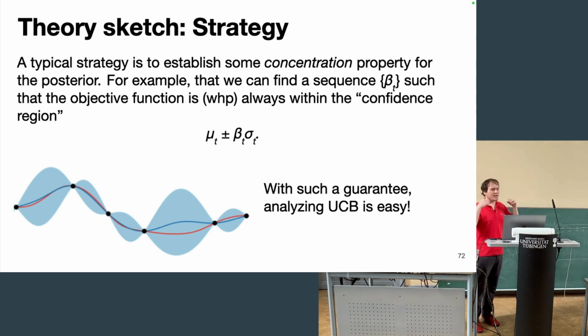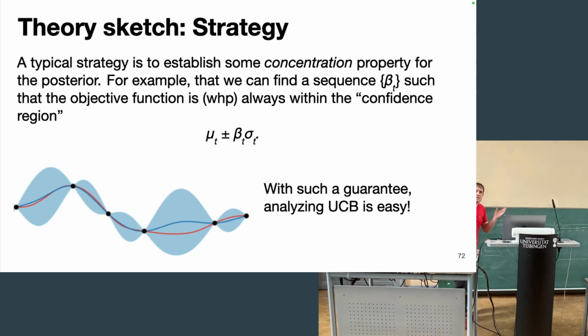And I want to construct this sequence such that I can prove that the objective function is always, with high probability, inside of the confidence region mu_t plus or minus beta_t sigma_t. So basically, I want to show that with high probability, my objective function, the red curve on the lower left here, is always contained inside of this uncertainty envelope.